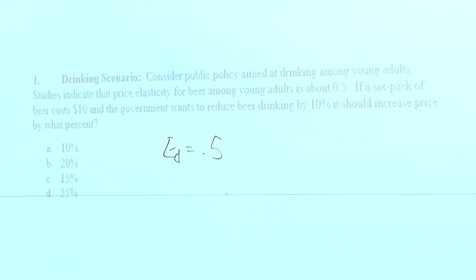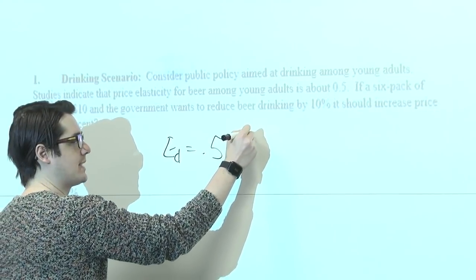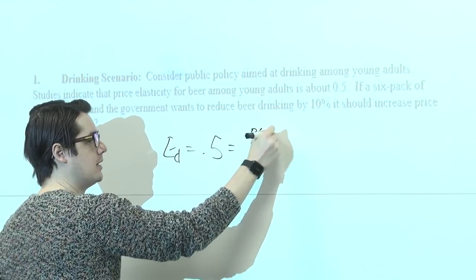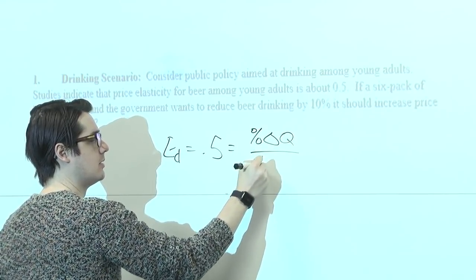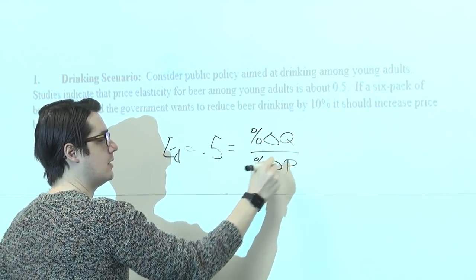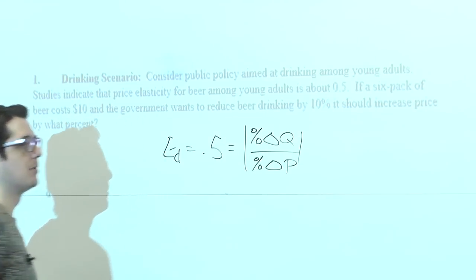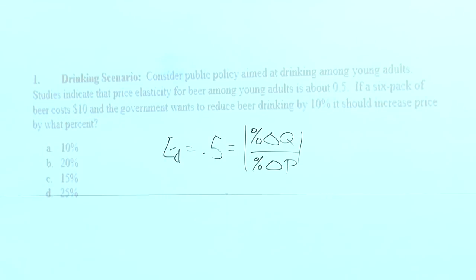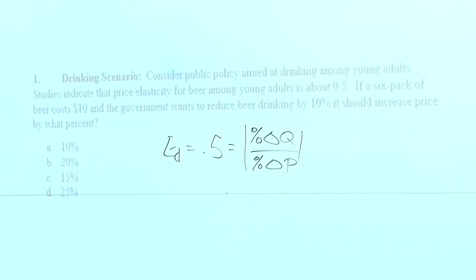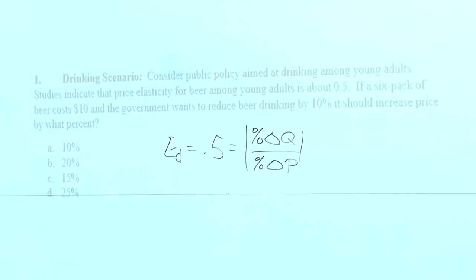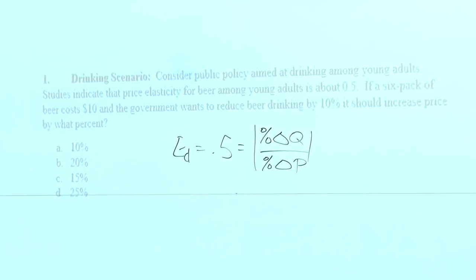Yeah, very good. So the way that's calculated is the percent change in Q divided by the percent change in P, and then that's in absolute value. Okay, so if that's our definition of price elasticity of demand, how are we going to interpret that number of 0.5?